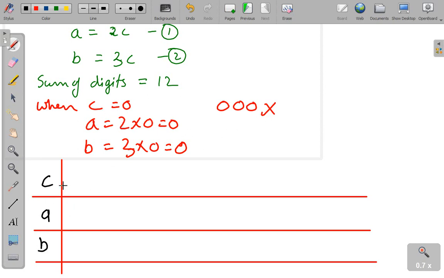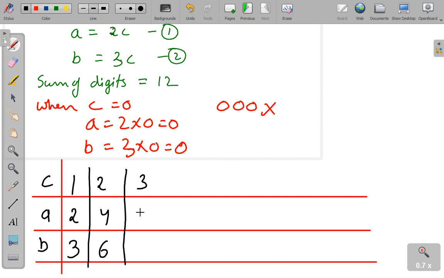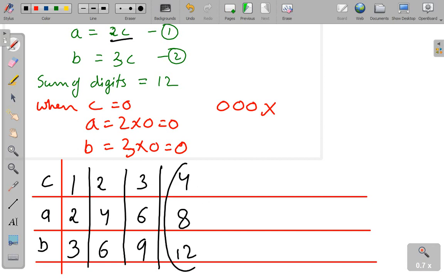Suppose the value of C is 1, so 2 into 1 is 2 and 3 into 1 is 3. Next, suppose the value of C is 2, then 2 into 2 is 4 and 3 into 2 is 6. Suppose the value of C is 3, then 2 into 3 is 6 and 3 into 3 is 9. If the value of C is 4, then A is 2 into 4, 8, and B is 3 into 4, 12. This is not valid.